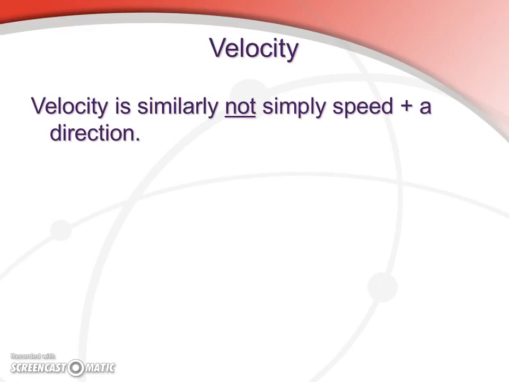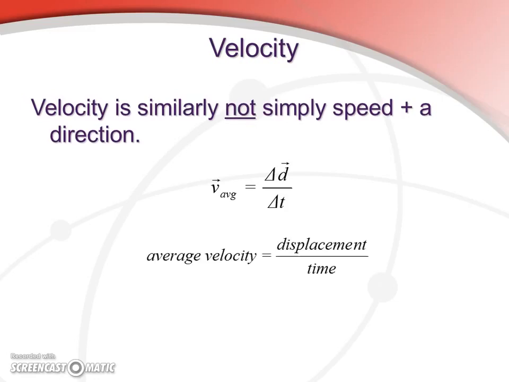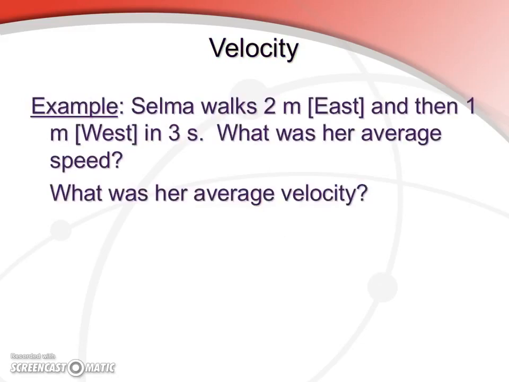Okay, so there's displacement in a nutshell. Very similar thing. Velocity isn't simply speed plus a direction. We're looking at this. Our average velocity is our displacement divided by our delta t, displacement over time. And so we can go back to Selma, right? And we can say, okay, she walked east 2 meters, she walked west 1 meter in 3 seconds.